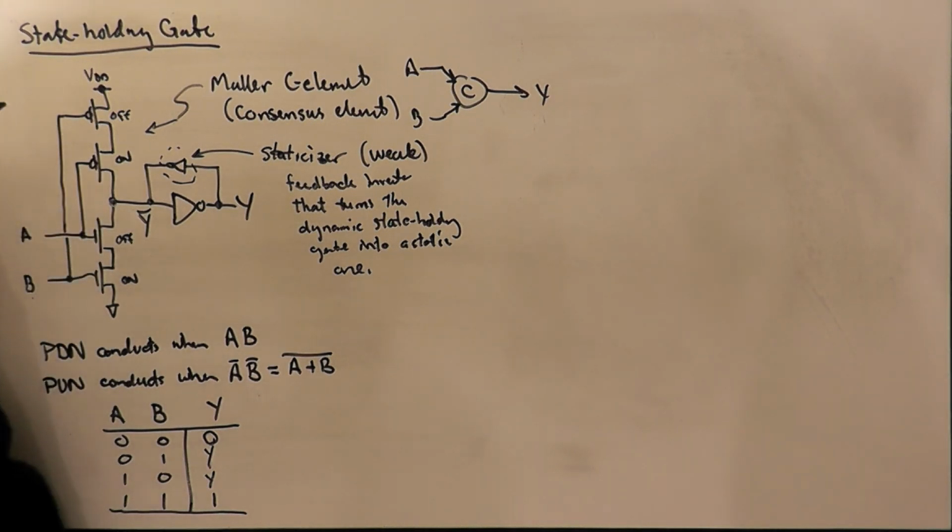Okay, so that's an example of a state holding gate that actually is used quite a lot, especially, like I said, in asynchronous digital circuit design. There are other ones that one could talk about, but my purpose here was just to give you an example of one that's very commonly used in practice, and it does have this state holding property.